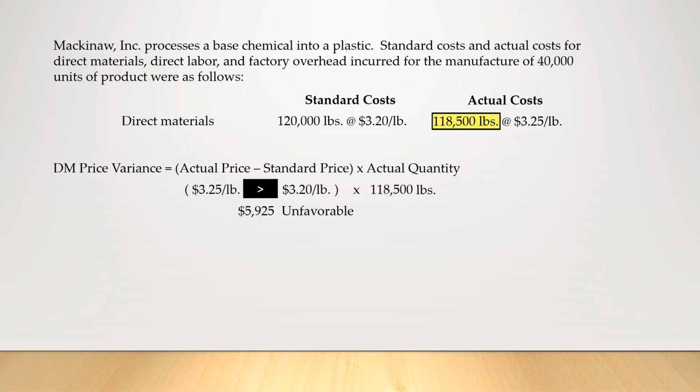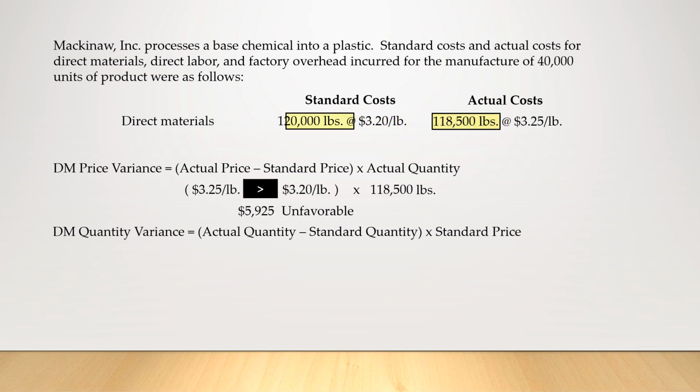The direct materials quantity variance is the difference between the actual and standard quantity times the standard price. The standard and actual quantities are 120,000 pounds and 118,500 pounds respectively.